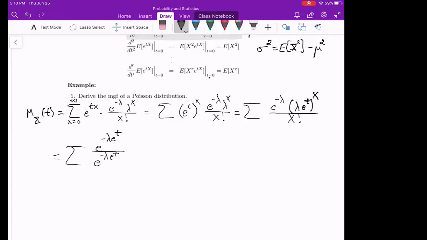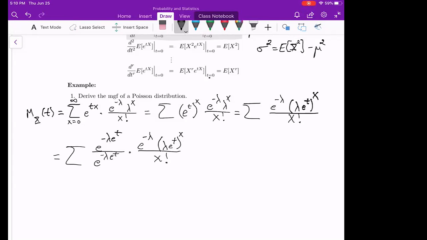There's our 1 times e to the negative lambda e to the t, that to the x power over x factorial. So the first line and the second line are equivalent. All I did was multiply by 1, so that doesn't change anything.